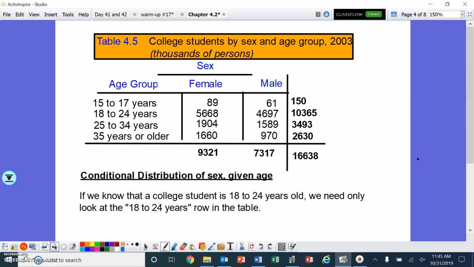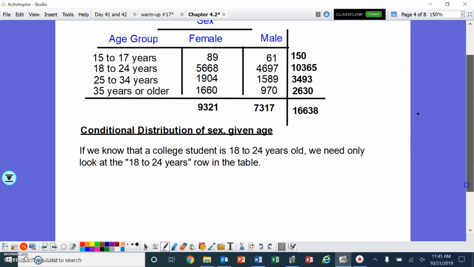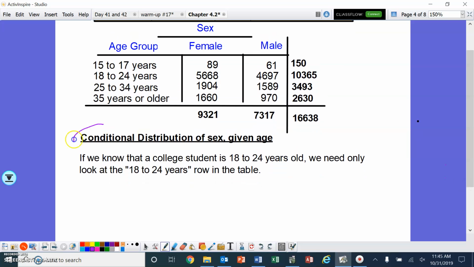So same table, except this time we're going to do a condition. The condition here is, given an age, what would the percentages be?